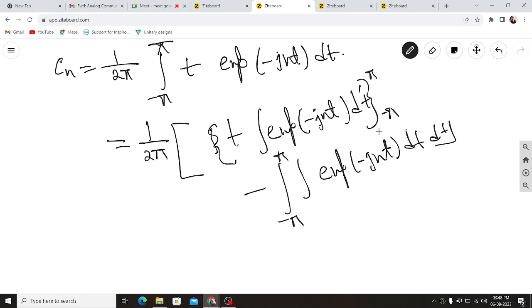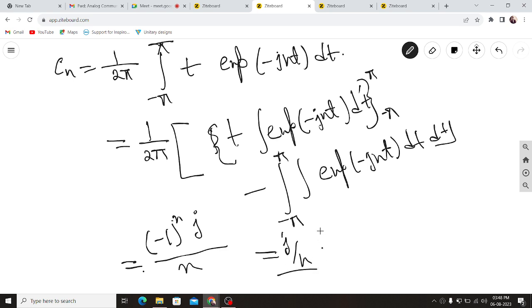Basically, if we solve this integration, it will come as minus 1 to the power n, times j by n, and that j is a multiplication, not to the power j, for n equal to even.